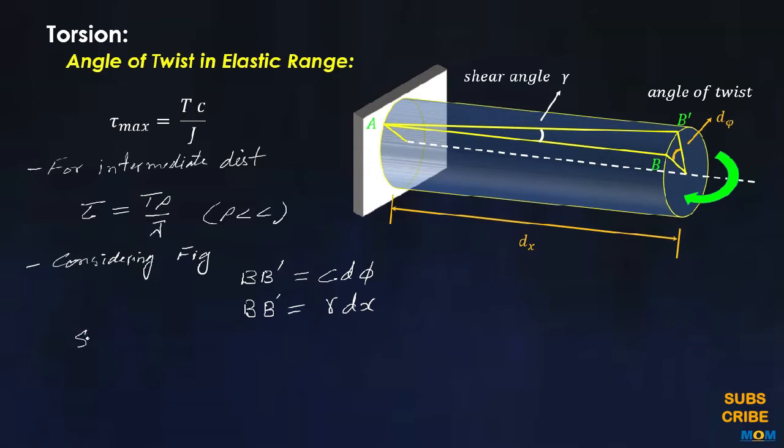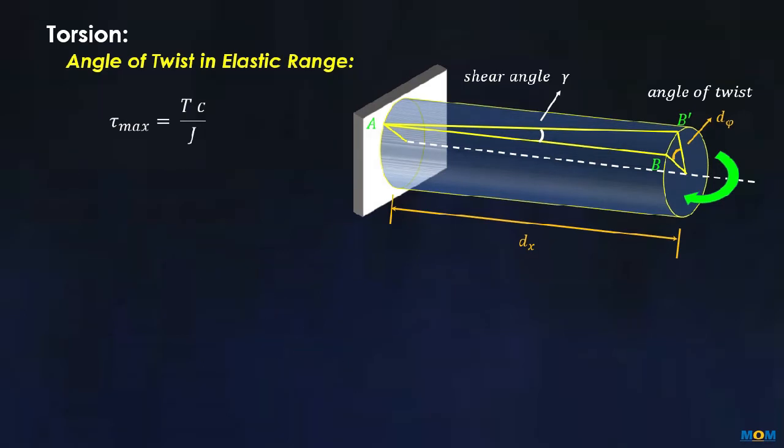So we can write this expression as gamma dx is equal to C d phi. Thus, the shear angle gamma is equal to C d phi upon dx.